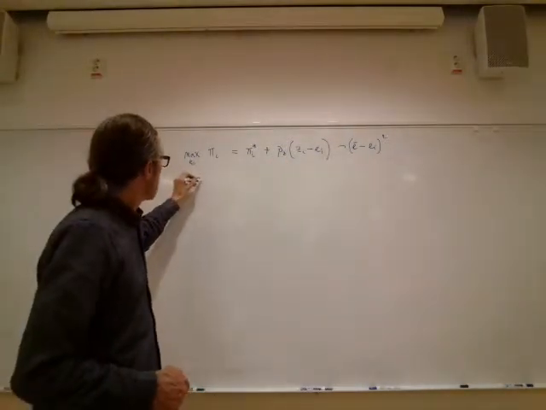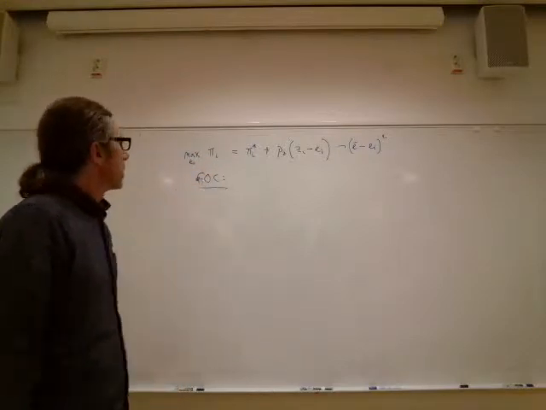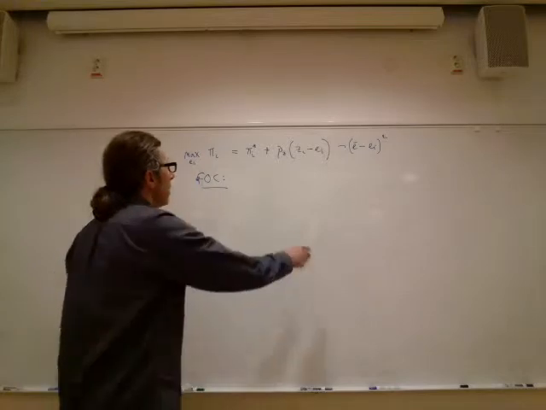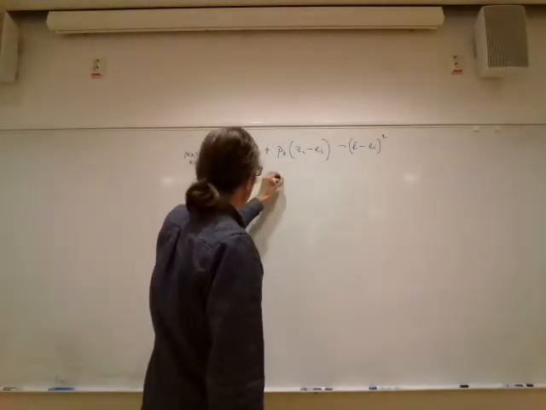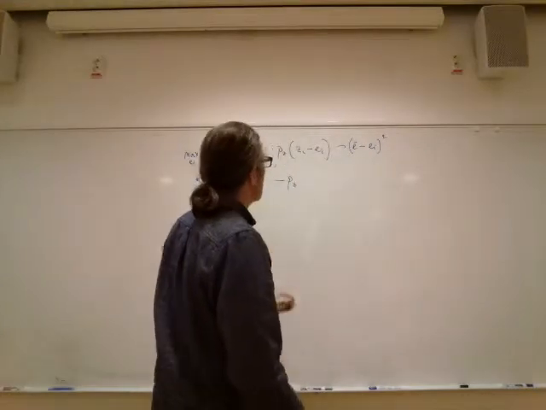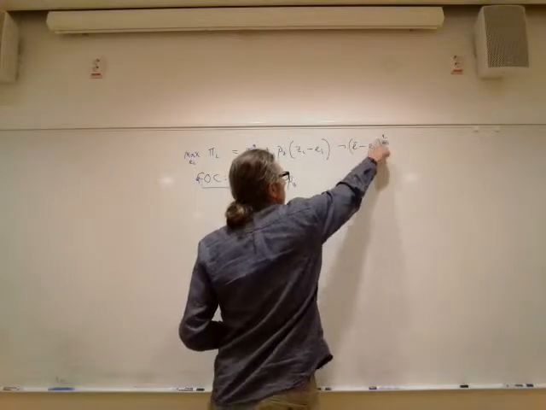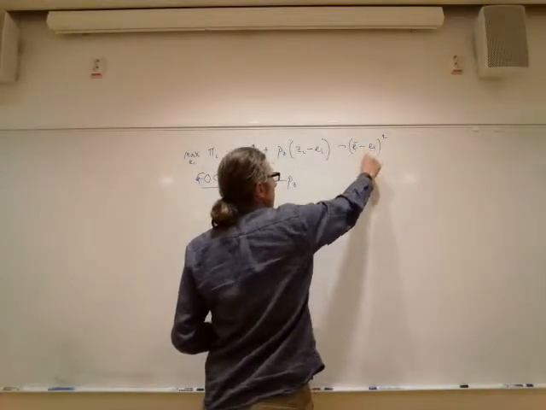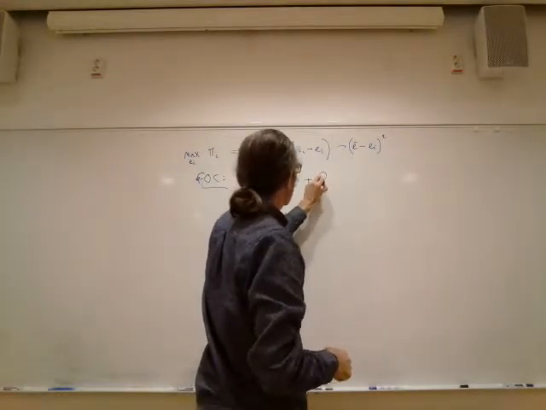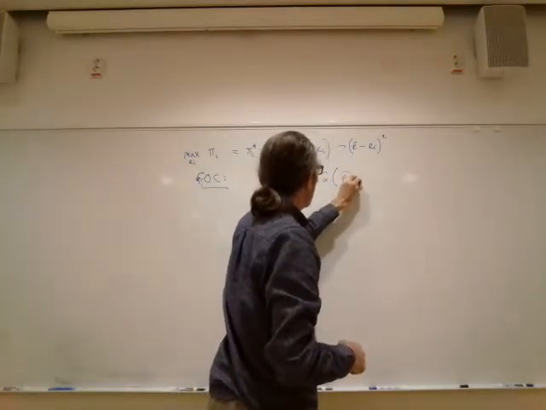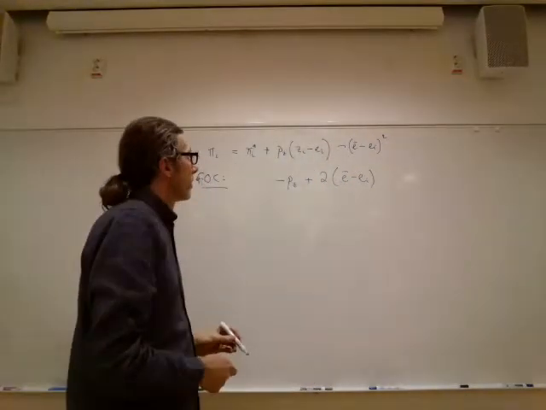The first order condition in E_i gives us what? Minus P_Z minus 2 times all of this, go inside, you get another sign change, so it's plus 2 times (E bar minus E_i) equals 0.